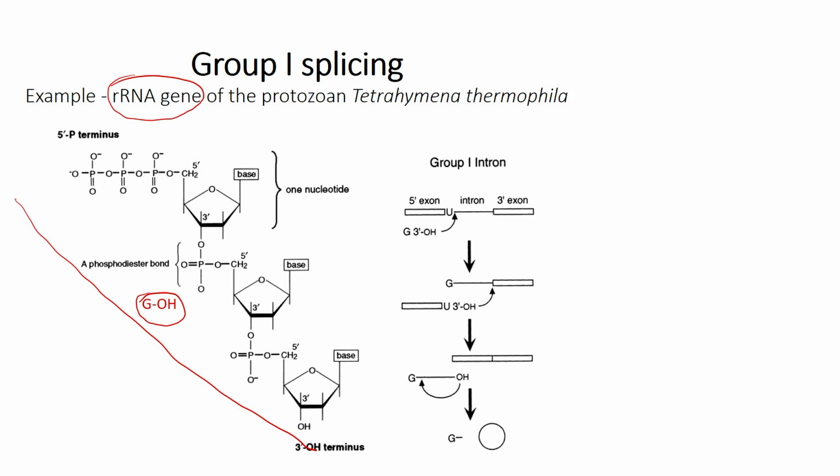So, this comes. This is O. O has partial negative charge, and P has partial positive charge. So, that means there will be an interaction between O and P.